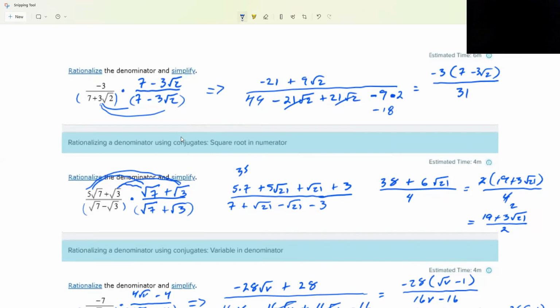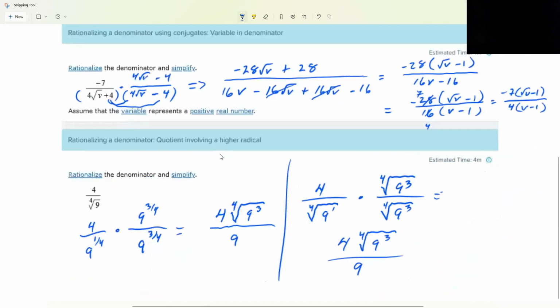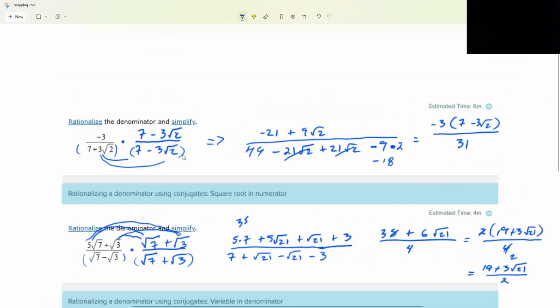If you wanted to leave it as -21 plus 9 square roots of 2 over 31, it's going to be the same. I just went ahead and factored it out just in case something did cancel. So you're going to have to play around with these a little bit. They're not bad, it's just a lot of writing as usual.